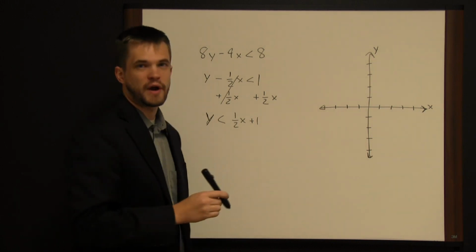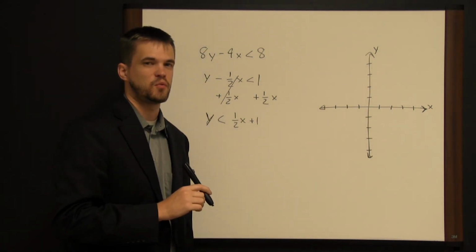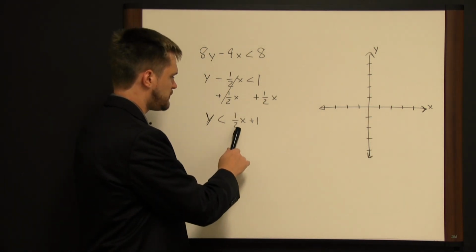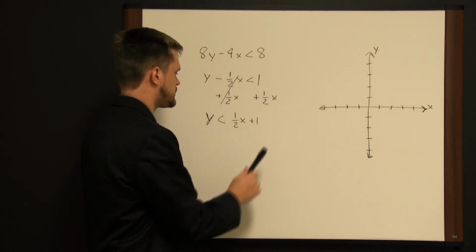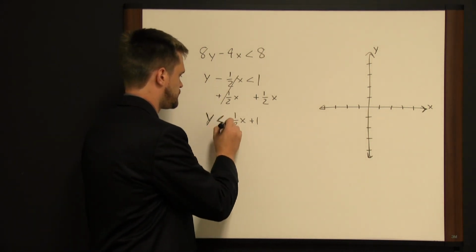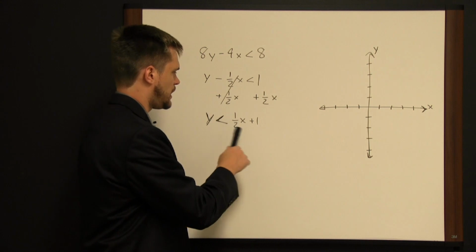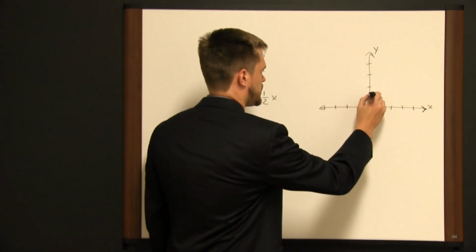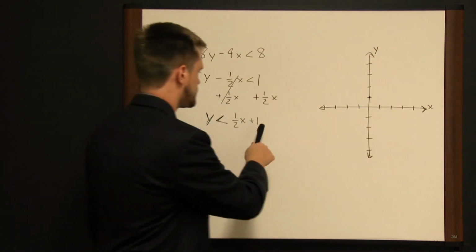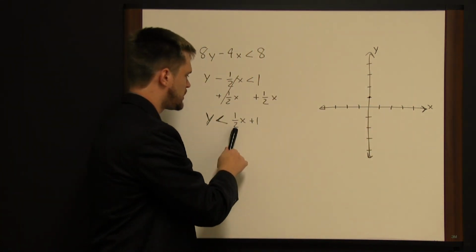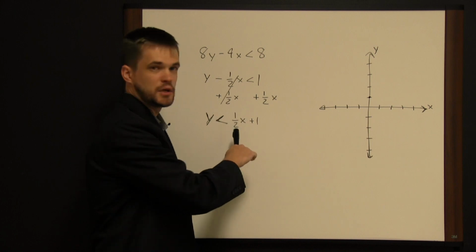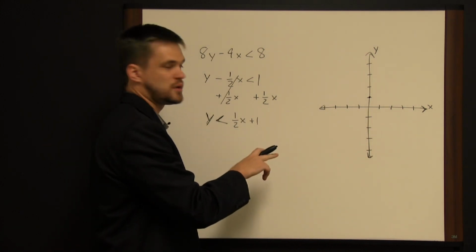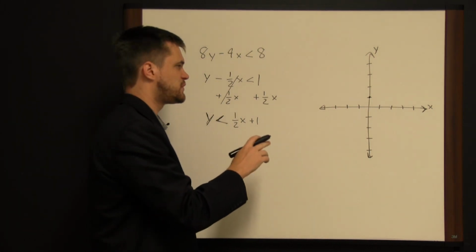And so you can also graph inequalities in basically the same way as equations. We still have a slope and a y-intercept, and so we can graph our points here. We know that there's a point right here because it crosses the y-axis at 1. And we know that it has a slope of 1/2, which means that for every 1 unit it moves to the right, it moves 1/2 unit up.